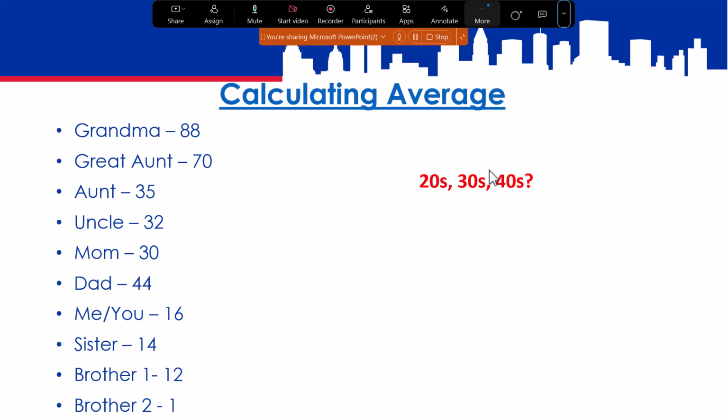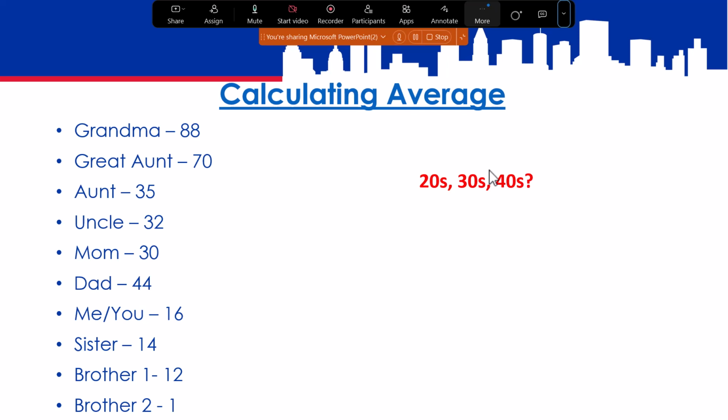Okay, so let's do this example. A lot of things we see online say, oh, the average number of people did this, the average number of people did that. So let's say this is your family. Just by looking at these numbers, these are your family members and ages.